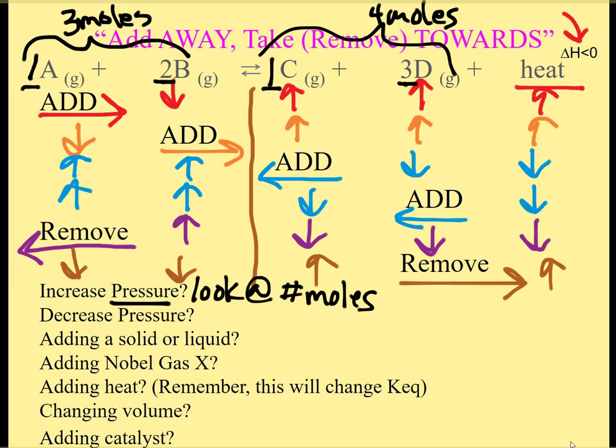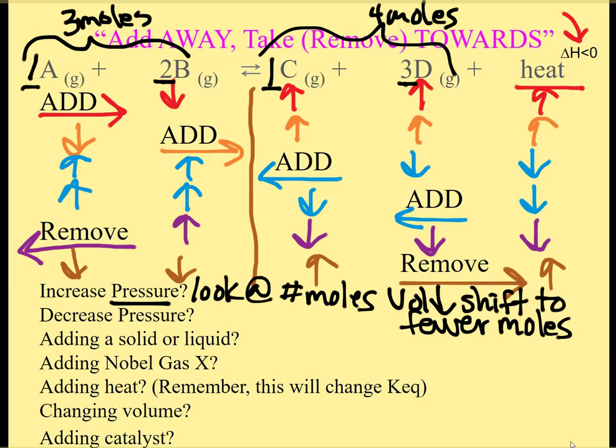So when I increase the pressure, that means that my volume goes down. If my volume goes down, there's less of a space. And because there's less of a space, then the shift is going to go towards the side with the fewer moles. And in this case, the fewer sided moles, that would be the reactant side.